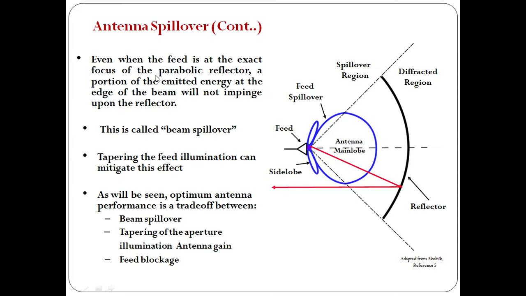Even when the feed is at the exact focus, still we have some losses. A portion of the emitted energy at the edge of the beam will not impinge upon the reflector. See here, this portion will not impinge upon the reflector. This is called feed spillover, and this is called beam spillover. And how to reduce the spillover?